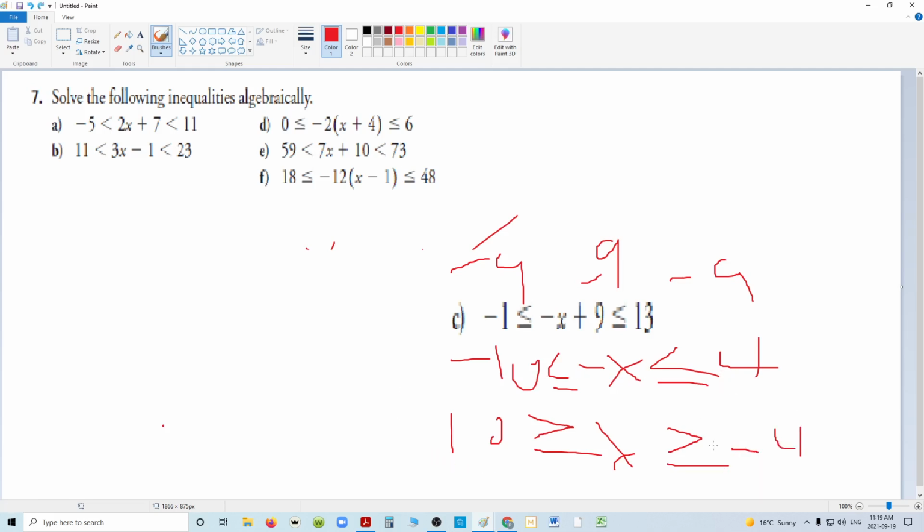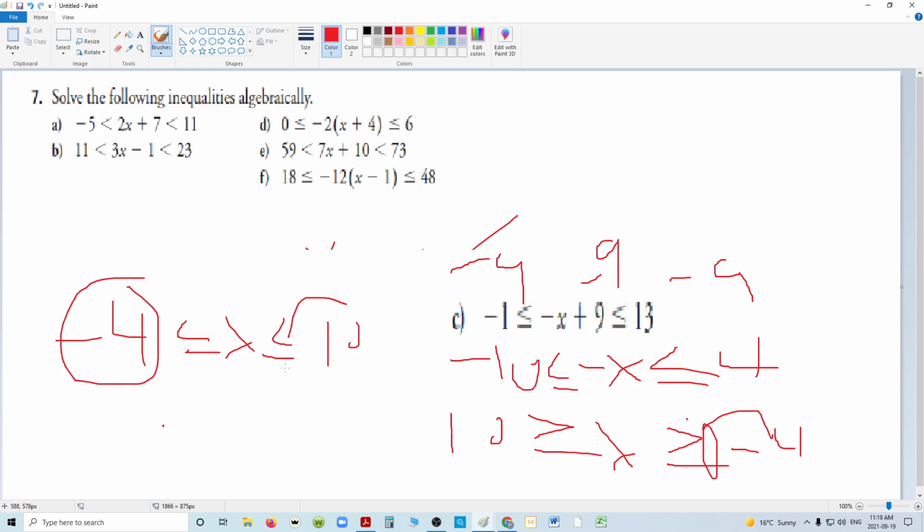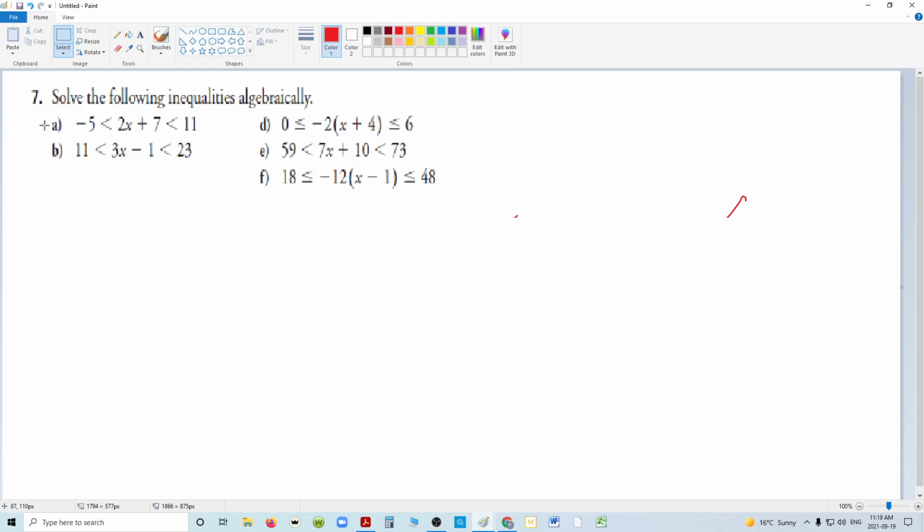I can rewrite that so that the smallest number is first. I get minus 4 is smaller or equal to x, see the nose still pointing to the minus 4, which is smaller or equal to 10. Therefore, we can see that x falls anywhere between and including minus 4 and 10, and this will make this equation true. Plug in 0 and you'll see it's true. So is minus 1 smaller or equal to 9, smaller or equal to 13? Yes. Okay, those are done.